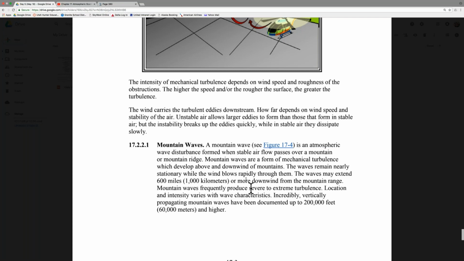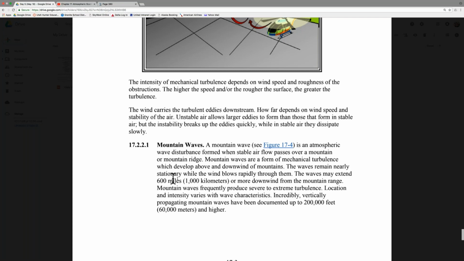So mountain wave develops on the downwind side of mountains, so the leeward side. The waves remain nearly stationary while the wind blows rapidly through them.